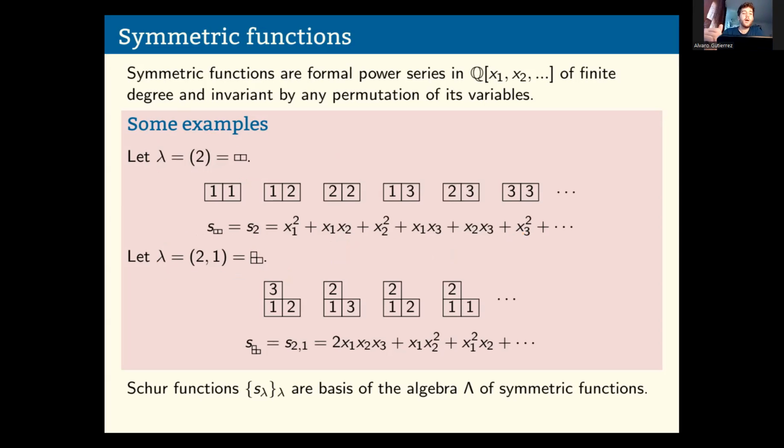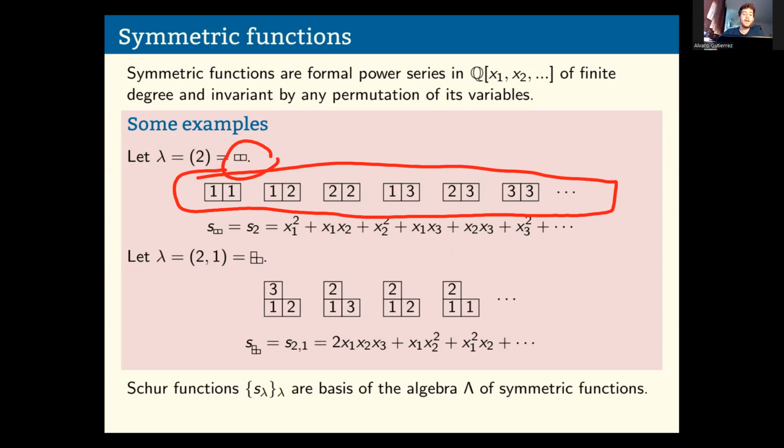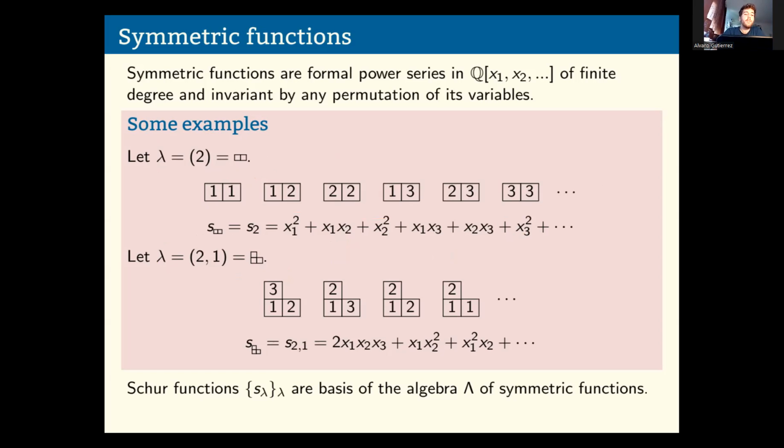Schur functions are defined as the generating functions of tableaux. So a tableau is a filling of this partition diagram with some restrictions. And so if I take this partition diagram and I fill it in all the ways possible, and then for each of these tableaux I take one monomial, I generate the Schur function.